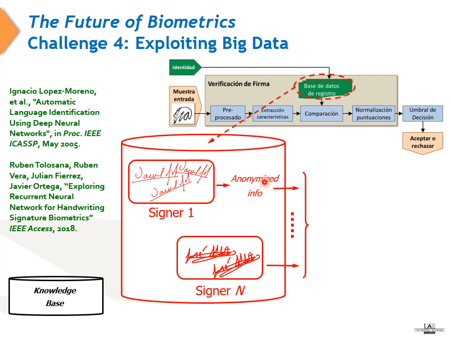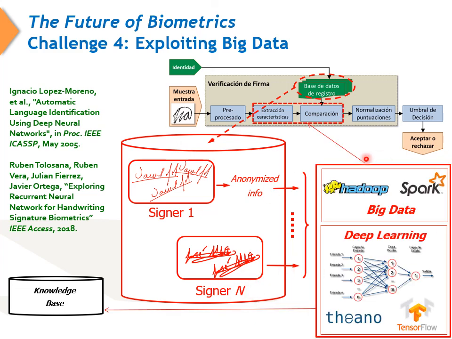So we can have this representation from multiple signatures, thousands, millions of people, and we manage that data using a big data infrastructure. And from that large dataset, we can really extract very useful, very stable, discriminative representations using deep learning.